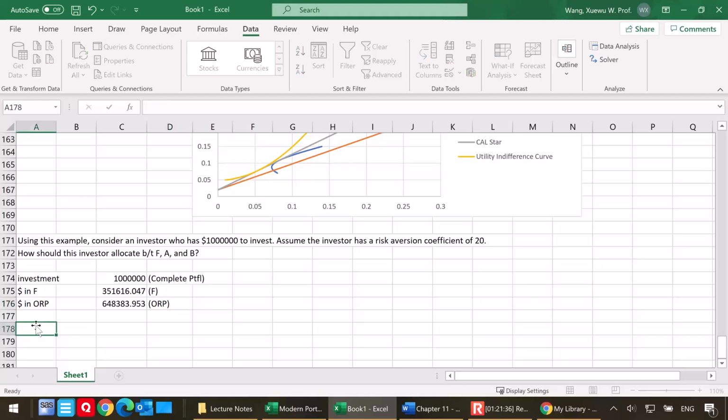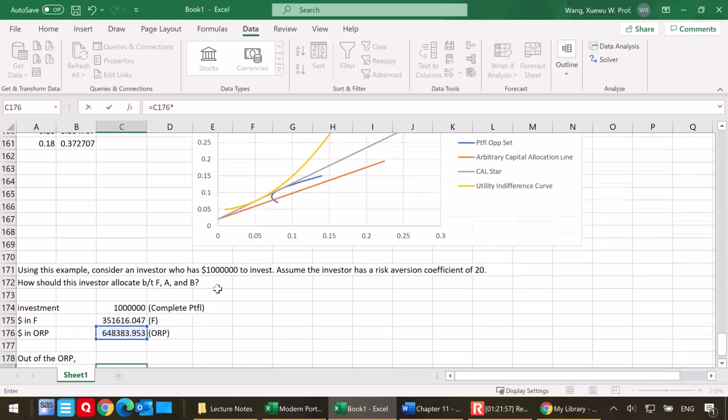Okay, now out of the optimal risky portfolio, all right, so dollar investment in A and dollar investment in B. How do we allocate this? All right, so I have this total amount here.